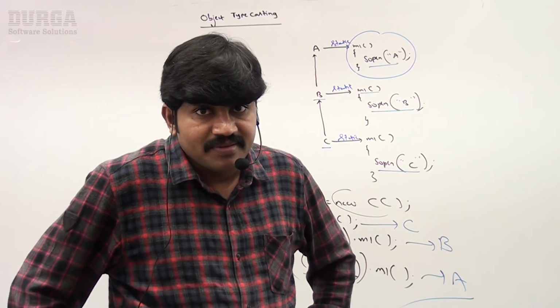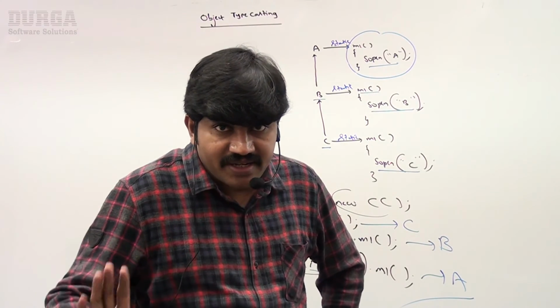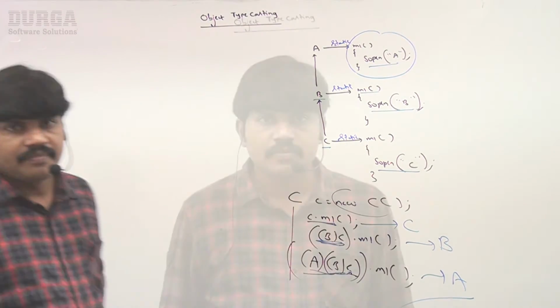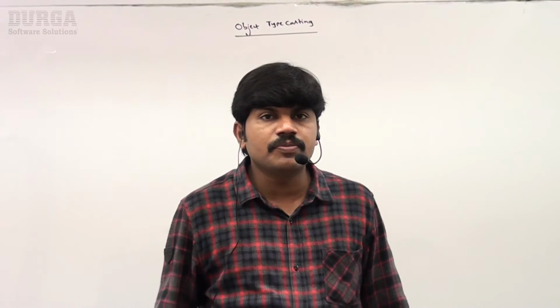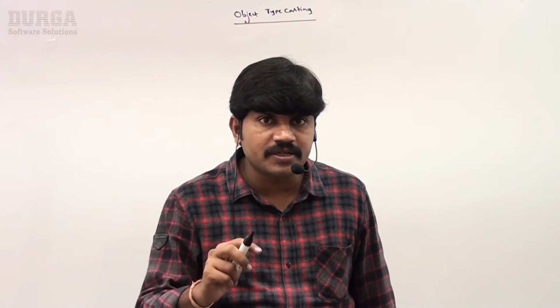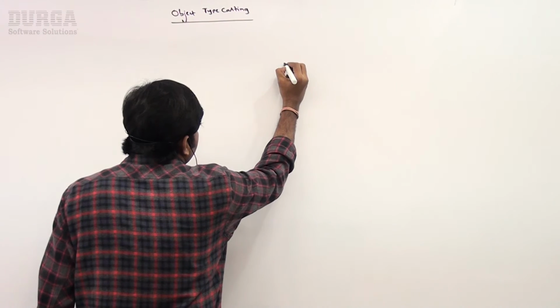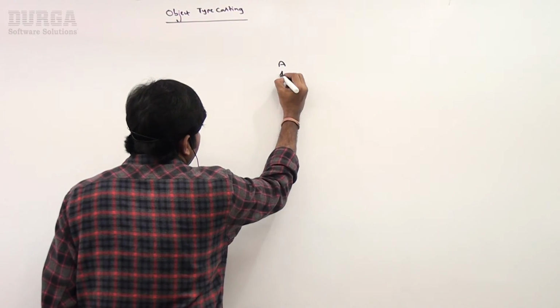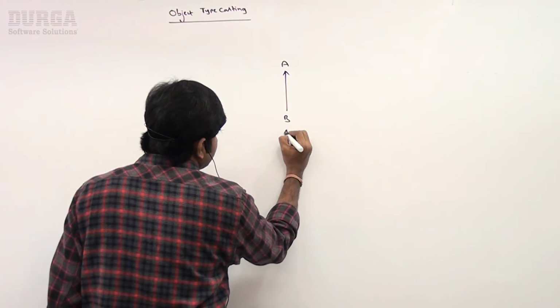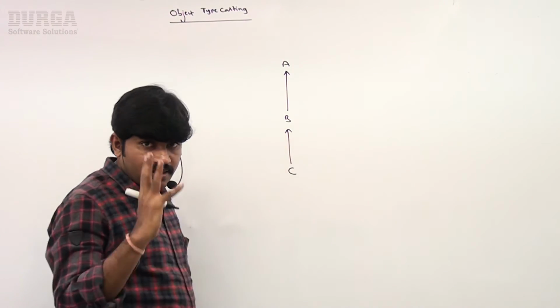Any doubt? Can you understand clearly? Okay, one more point related to object typecasting. Here I am taking A, B, and then C. How many classes are there? Three.